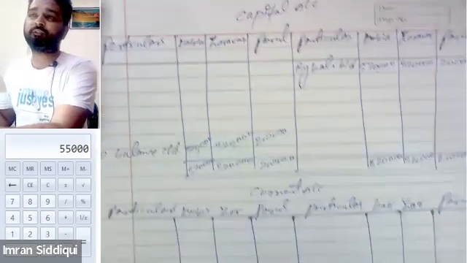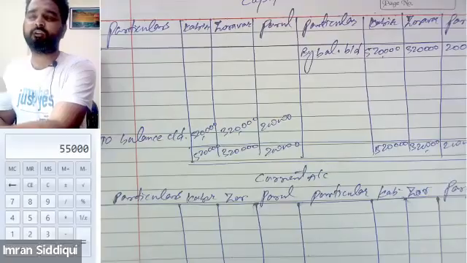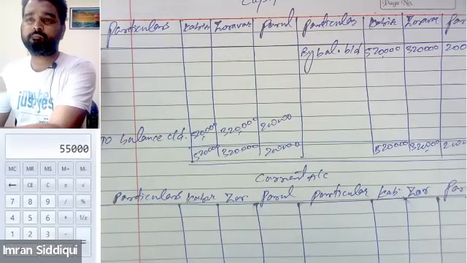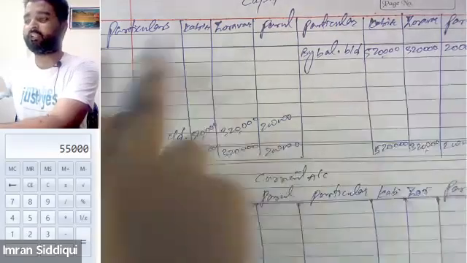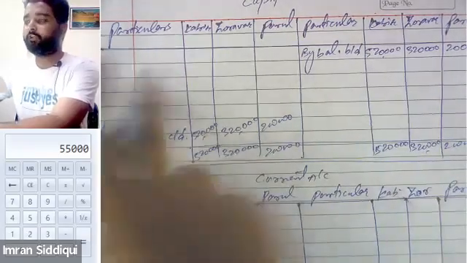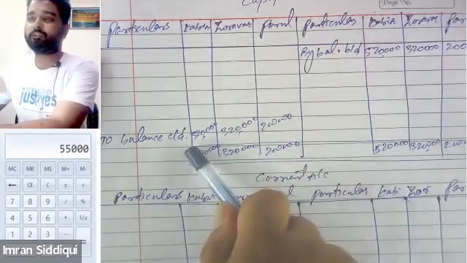Is this clear to all of you? No items are there now, neither on the credit side nor on the debit side, so the entire amount of the opening will become the closing balance.